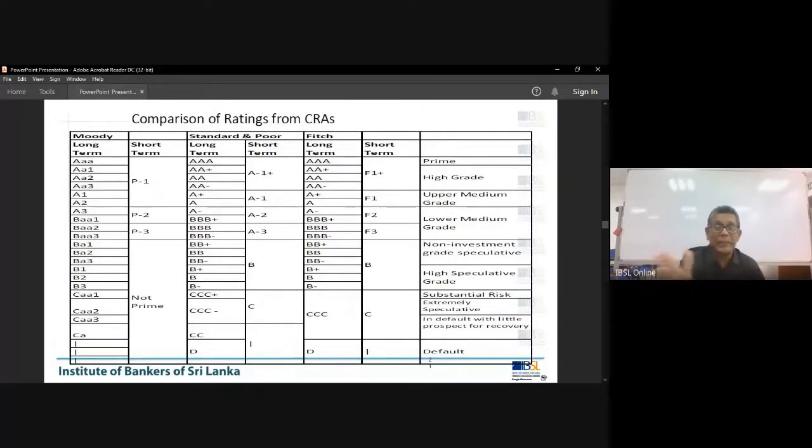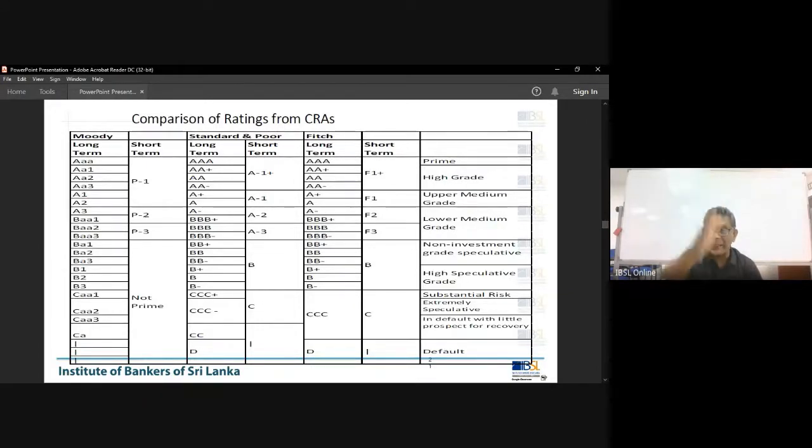Then you see the comparison of credit rating agencies by the three world organizations, Moody's and others. Now look at where we are. According to Moody's, we are at Ca2. What does Ca2 mean?